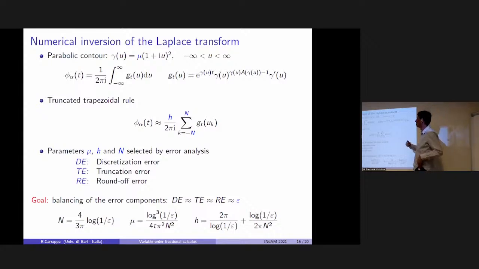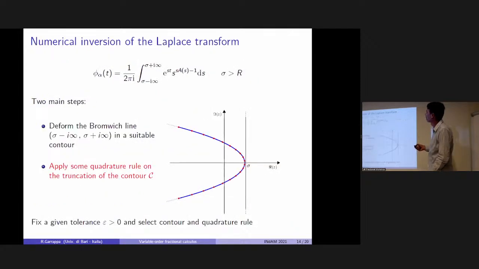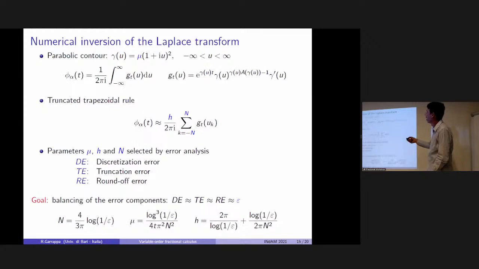So it is very easy to perform an error analysis in order to find optimal parameters. And thanks to this contour, we transform this integral in the complex plane into a line integral by means of this function.